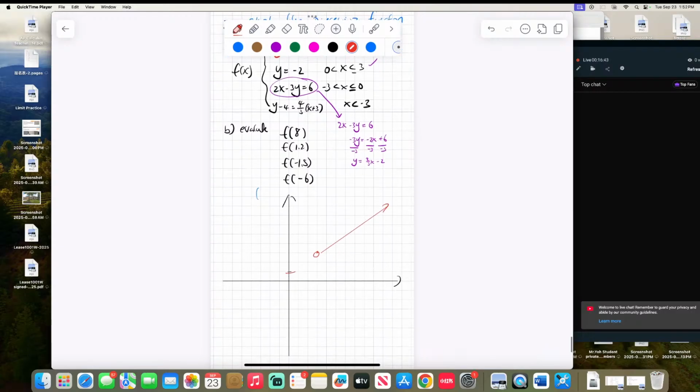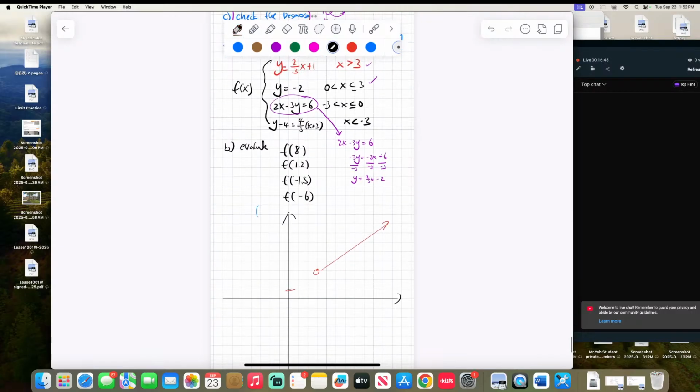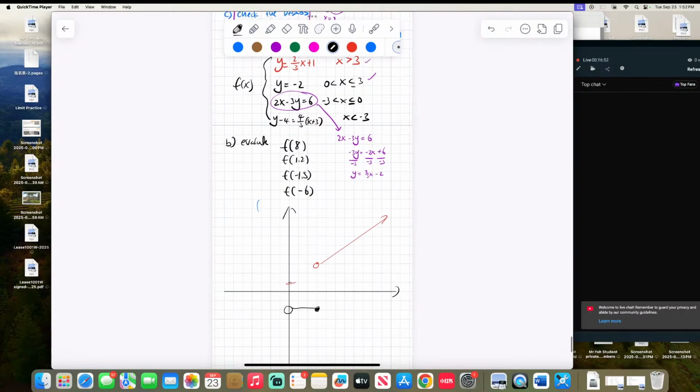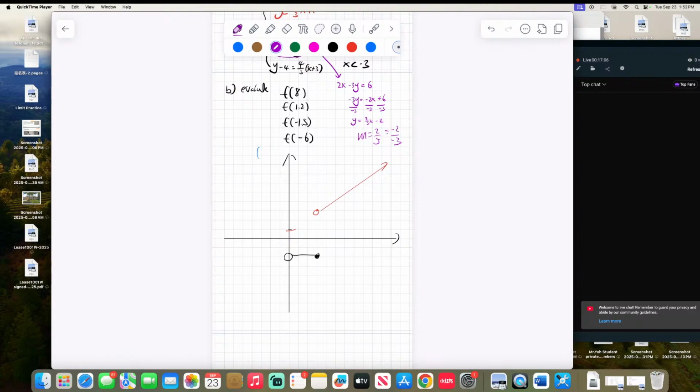And negative 2 is going to be the black line. So it's going to be from here to a solid point here and then an open circle here. Is that okay? Mm-hmm. And the last one is going to be negative 2. So it's negative 2 there. And the slope is equal to 2 over 3, or negative 2 over negative 3, because I'm going to go down 2, left 3. Down 2, left 3 is going to go in here.